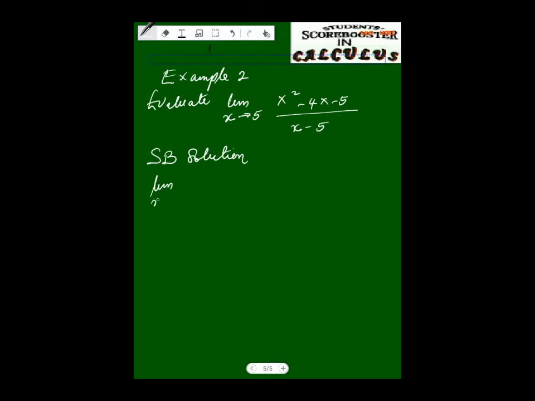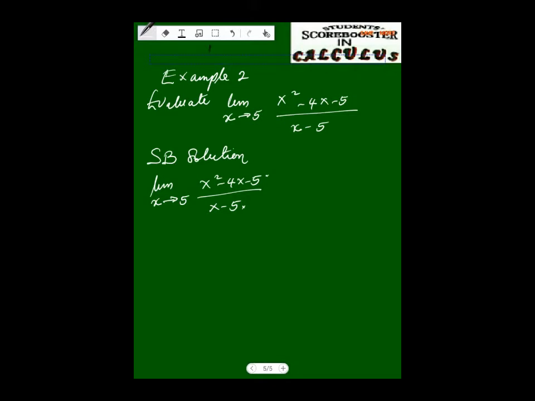Limit as x tends to 5 of x squared minus 4x minus 5 over x minus 5. Here we need to remember how to do factorization. We don't have a problem with the denominator. This is okay. We have a problem with the numerator.